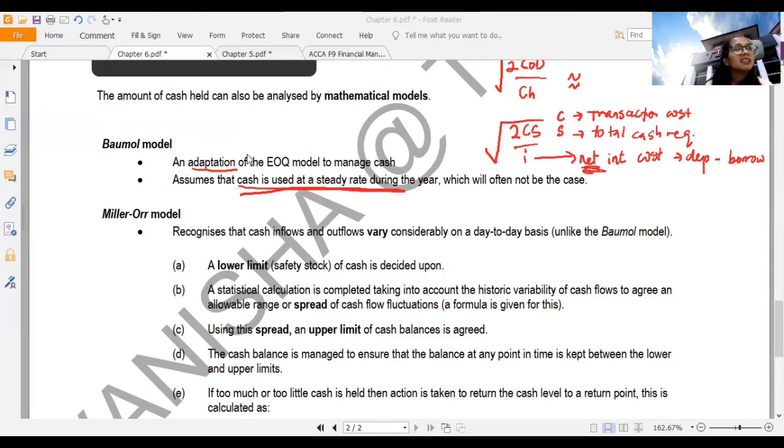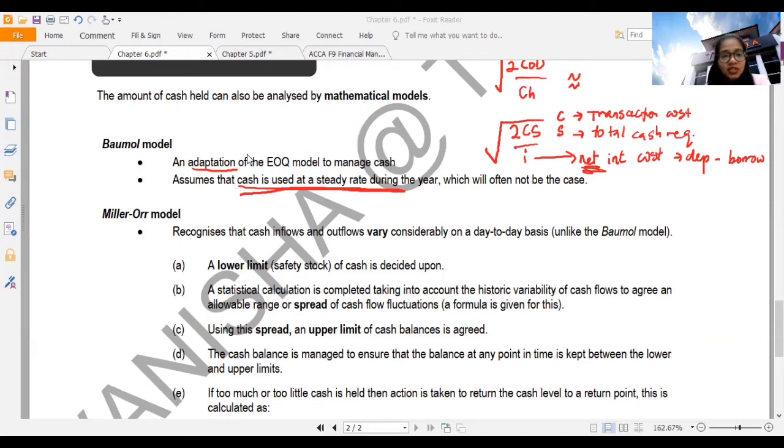You are finding the optimum cash held, using assumptions that cash is dispersed at a constant rate. But the Miller-Orr model is a little bit more realistic because it looks at cash movement in your company on a day-to-day basis. What it means is that it accounts for the cash inflow and cash outflow that fluctuates on a day-to-day basis.